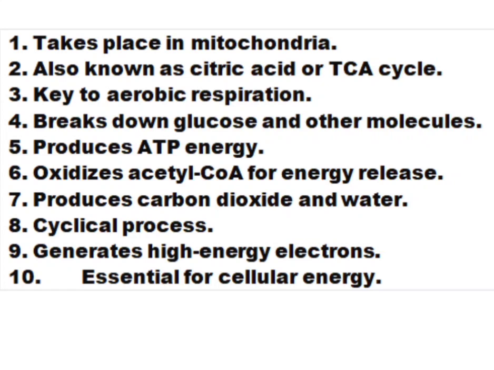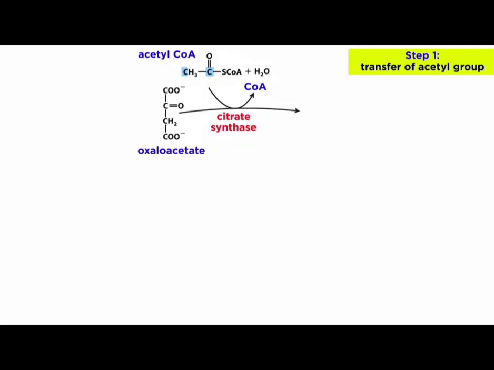It generates high-energy electron carriers, NADH and FADH2, which are essential for cellular energy because they provide these electron-rich species to the inner mitochondrial matrix to get the electron transport chain going. Now we will move on to the cycle.